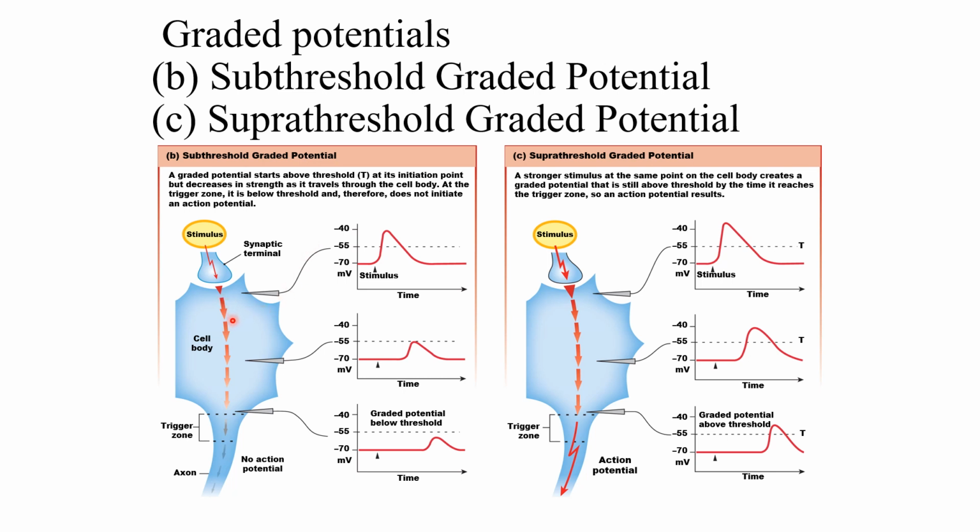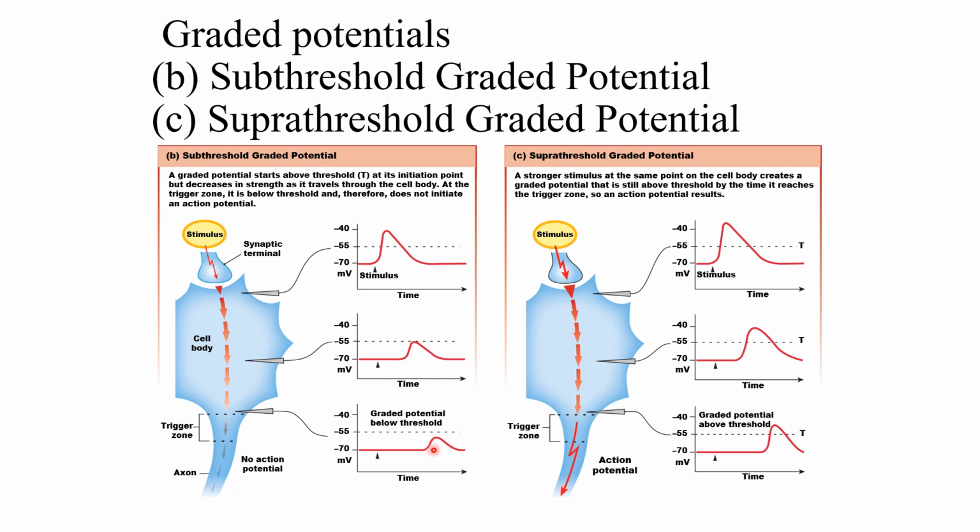But as you can see right here, as the graded potential is running down the cell body, notice how the strength of the arrows is starting to wear off. And so if we go back to this graph, you notice that it was starting pretty strong right here, but you can see that the strength is starting to decrease. That strength of the graded potential is decreasing.